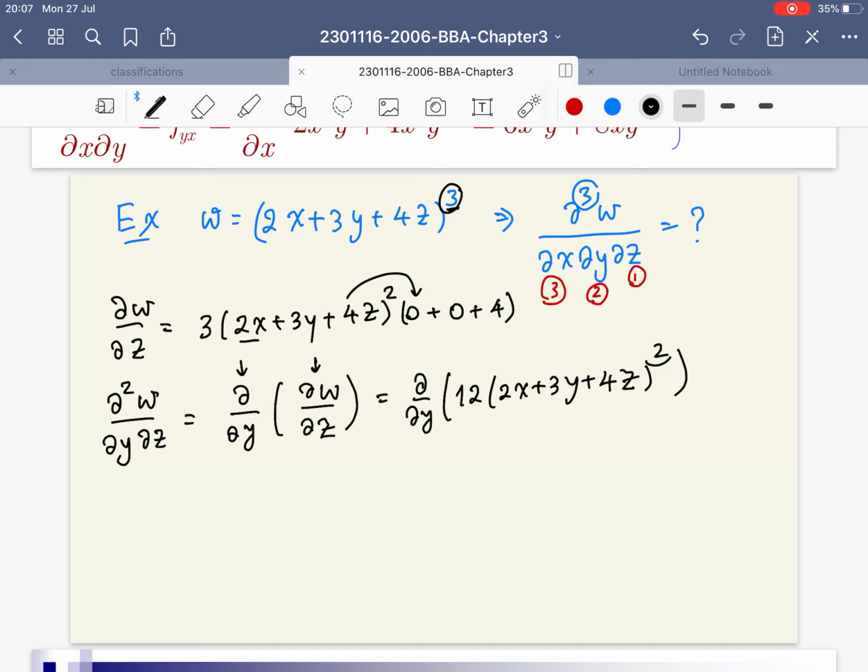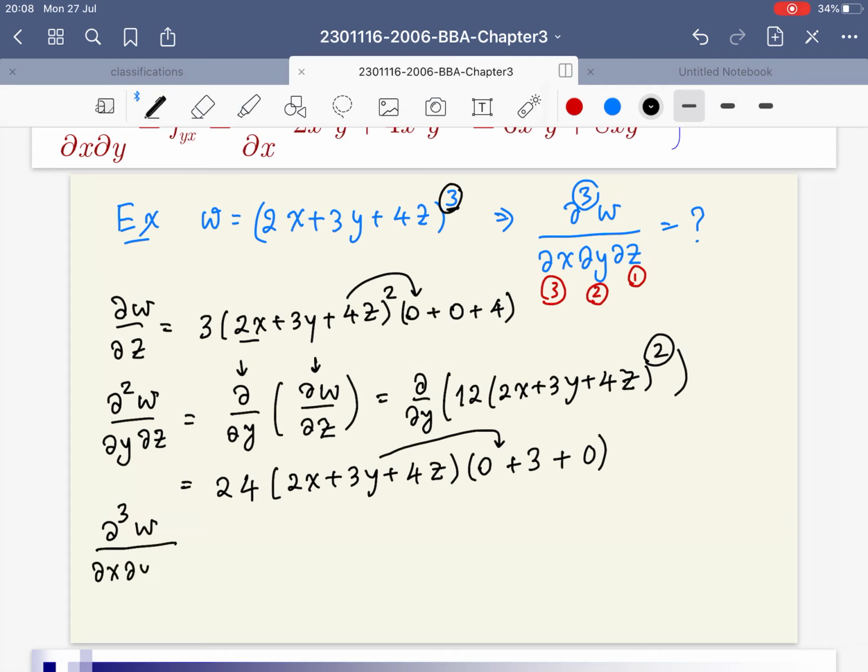You use the chain rule again to have 24 and (2x + 3y + 4z), now it is power 1, and a derivative of the inside with respect to y alone. The first term has no y, the second term has 3y, and the last term has no y again, so you have this.